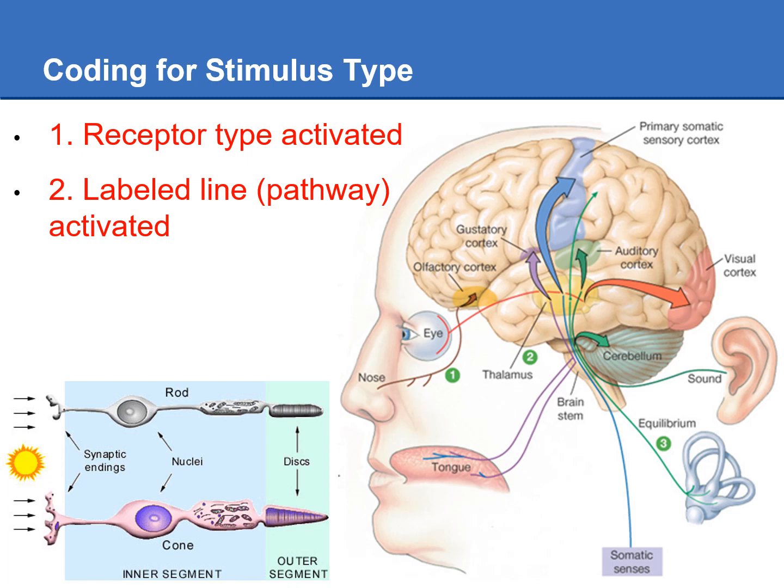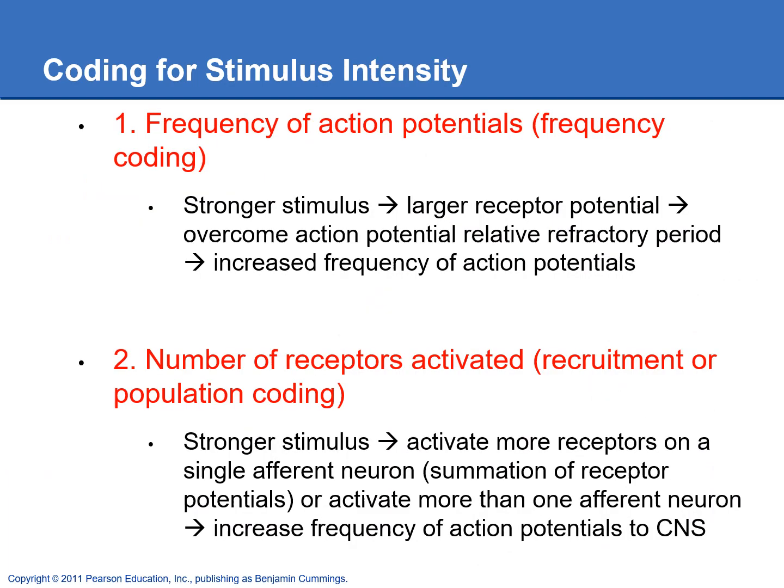In coding for stimulus intensity or stimulus strength, we have two things that will tell the brain about that. The first one is frequency coding, which we've learned about before. So remember, this is how frequent or how often the action potentials are coming into the cerebral cortex.